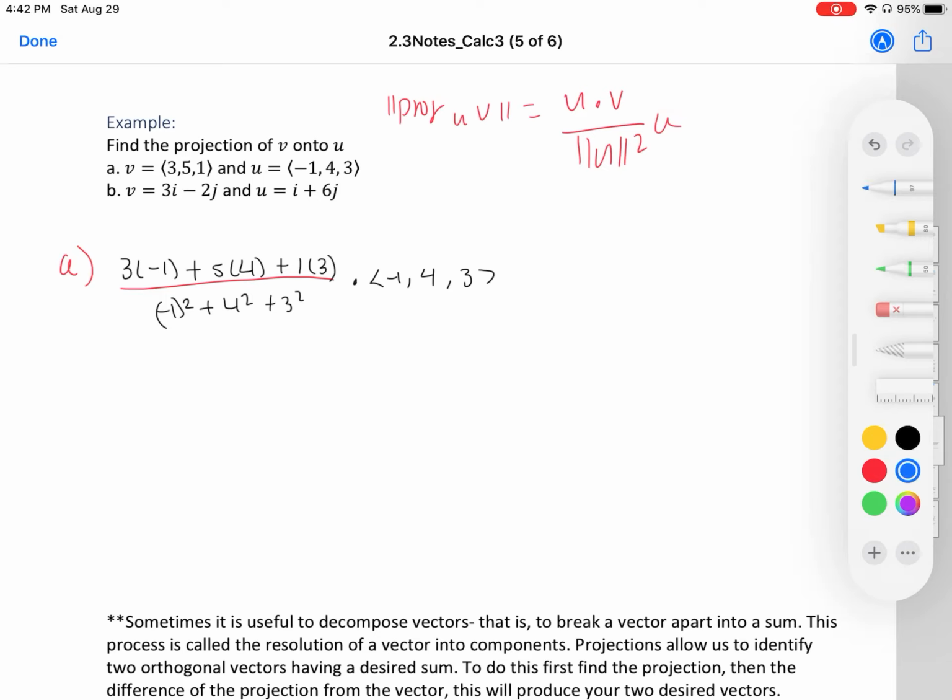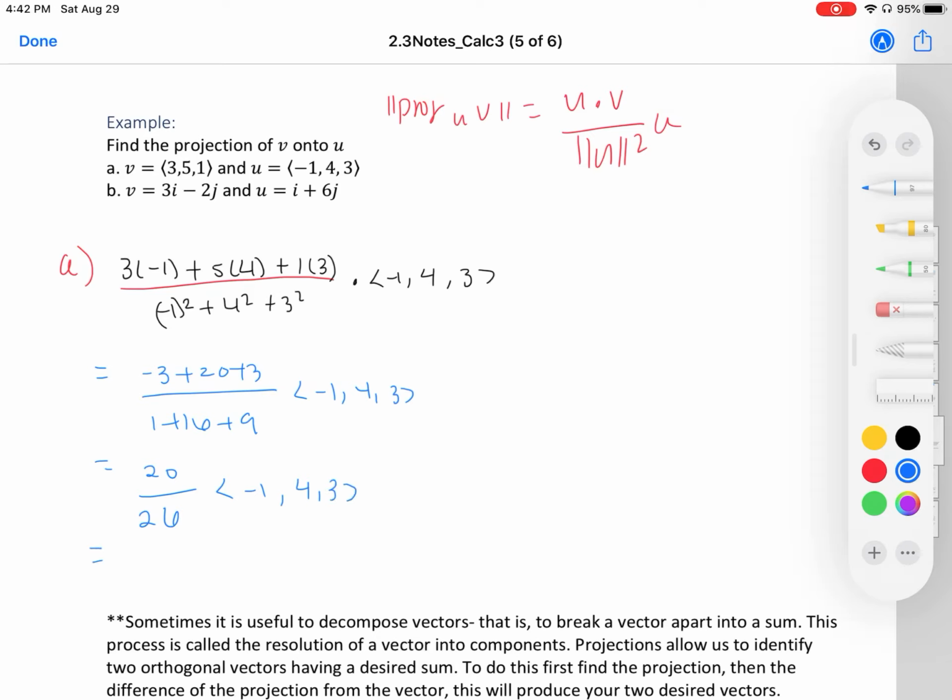Let's go ahead and clean it up. In our numerator, we're left with negative 3 plus 20 plus 3 divided by 1 plus 16 plus 9 times the vector of negative 1, 4, and 3. And so we're left with 20 over 26 times the vector of negative 1, 4, and 3.